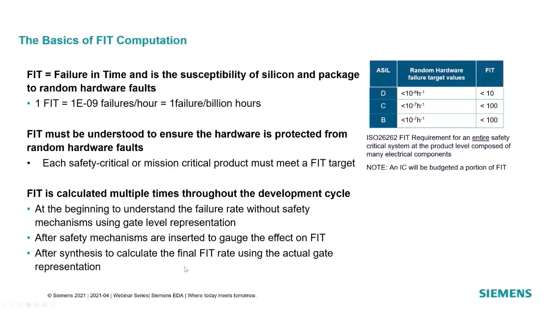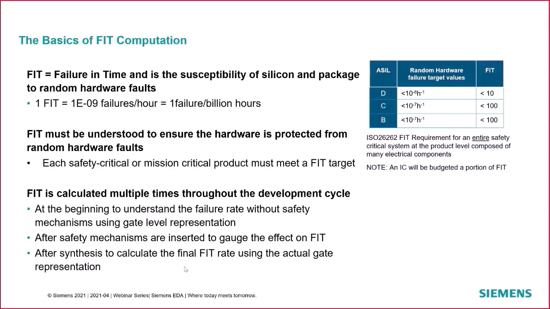Okay, so before we move forward, I do want to talk about the basics of the FIT computation. FIT is typically represented in terms of lambda, also known as failure in time. One FIT is equal to one failure in 1 billion hours.